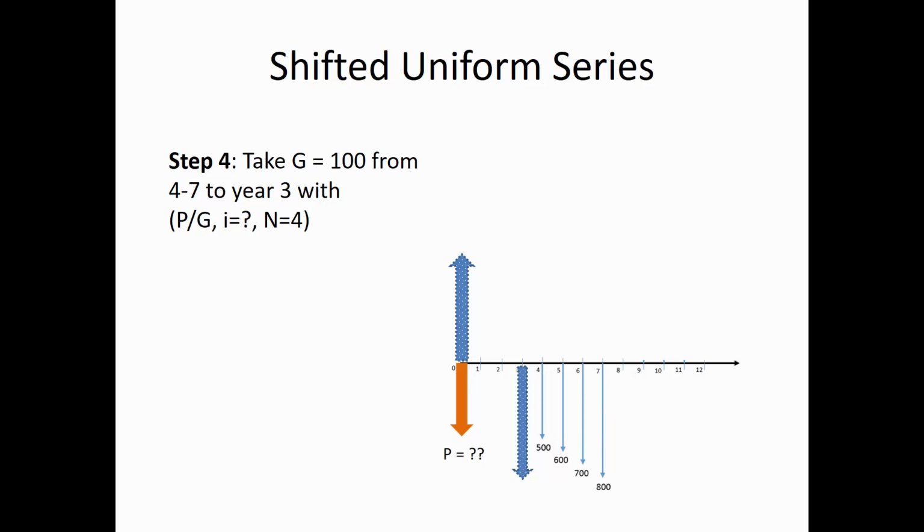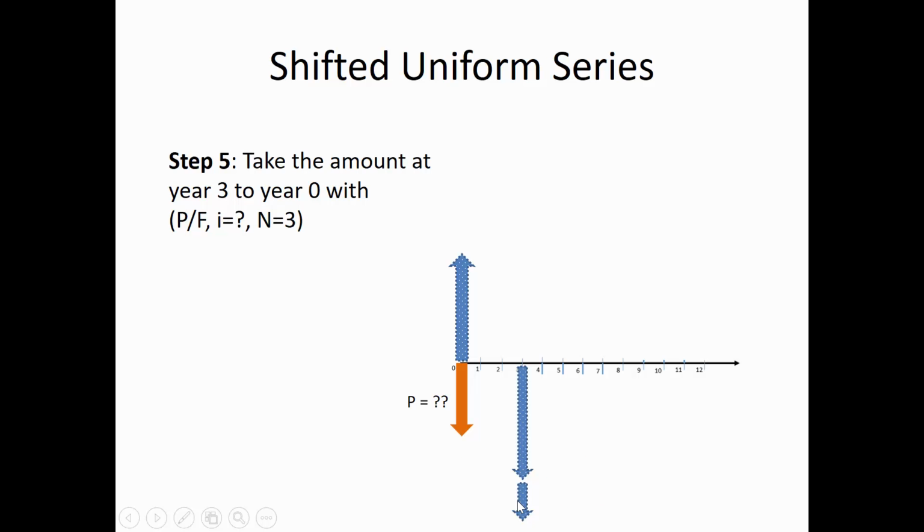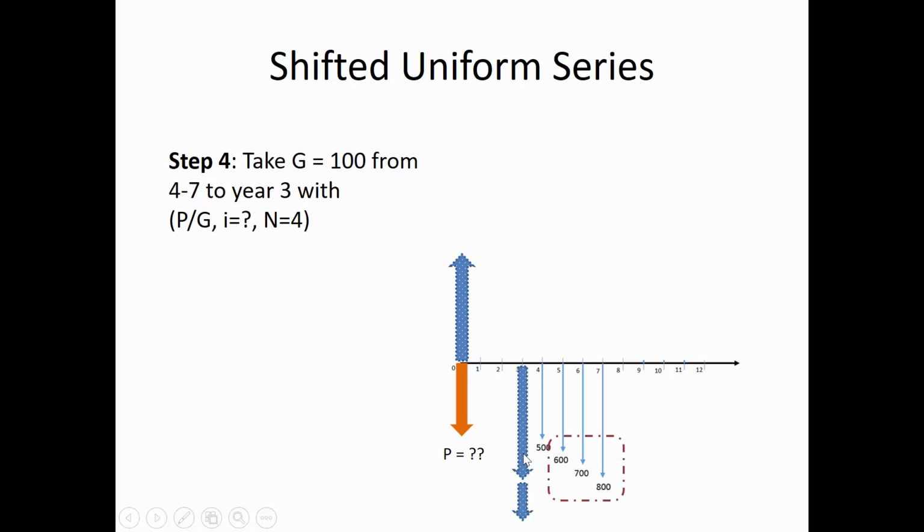And then step 4, we have to deal with the gradient amounts. So we'll convert that, the 100, 200, 300, converting those to year 3. And so now we have a big single amount in year 3. And our final step is to move it from year 3 over to year 0 with P/F. So in step 3 and 4, we were finding what we called a P, a present value. That just meant the year immediately before those series.